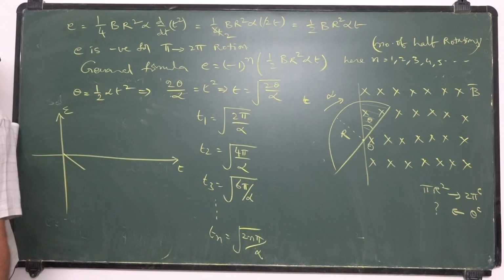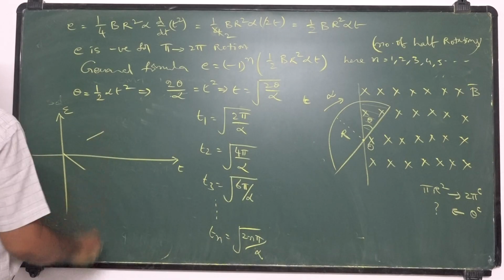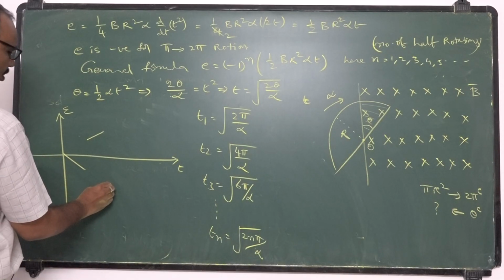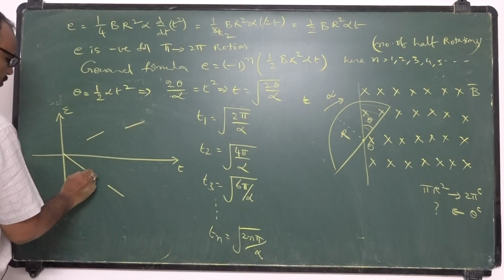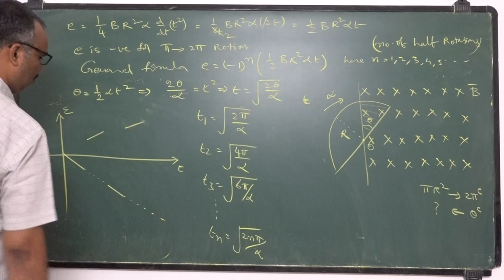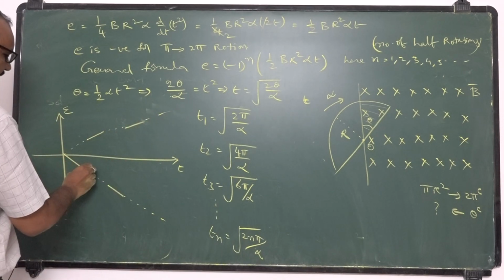First of all, it will come like this. Next, it will go like this. Next, it will come like this. Next, it will go like this. So if you extend, it will be like this. But for first half cycle, it is like this.